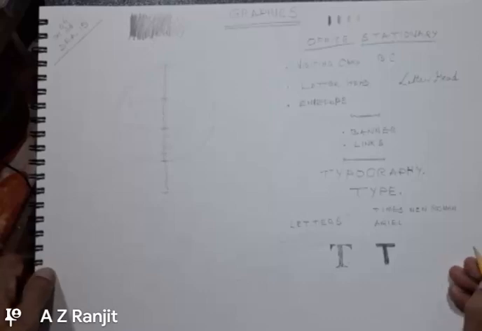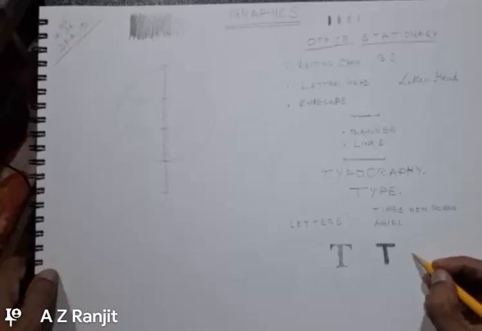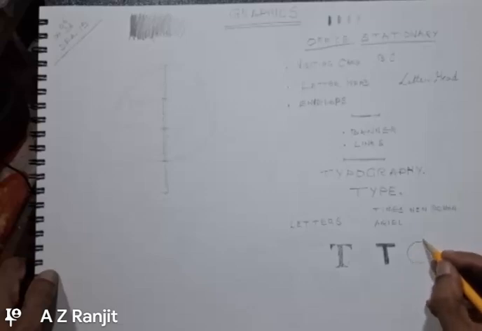Meaning, if you have a line like this, I'll draw an S. I'll draw a C. Or maybe it will be like this.